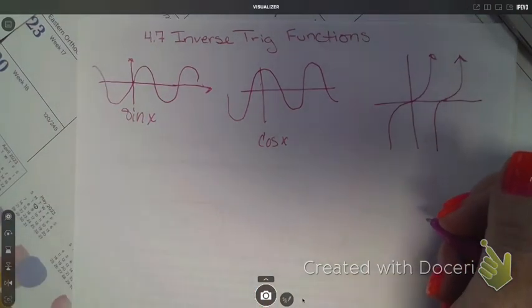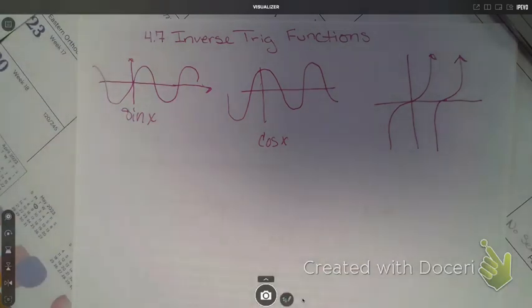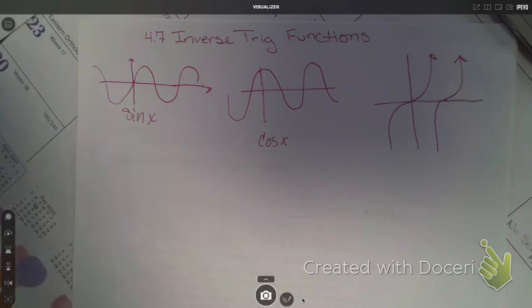Now, I actually had this discussion with somebody yesterday about how I hate that books will tell you these functions have no inverses. They have inverses. Their inverses are not functions. Do you remember how to look at a graph and say whether something is a function or not?